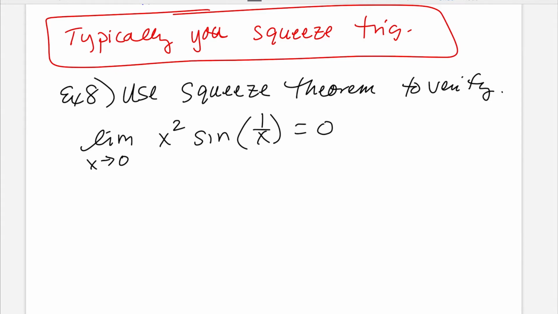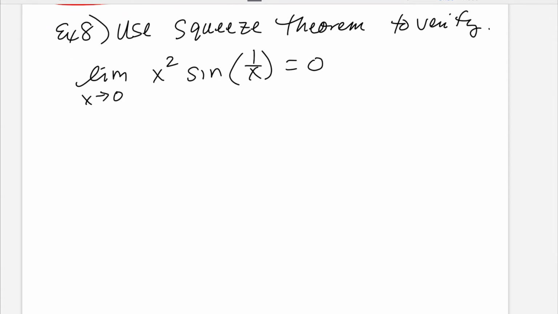Here's the kicker to the squeeze theorem. You're building off of what you already have. So whenever I'm looking at this, I'm going to look at this part of it. What do you know about taking a limit of a sine function? I'm up here at a 1 and down here at a -1, and it goes both ways, it just keeps going.